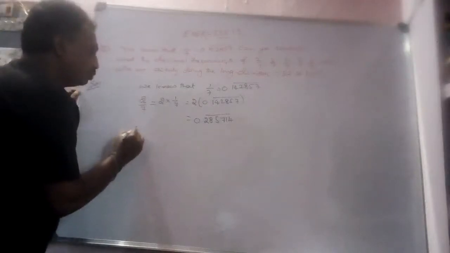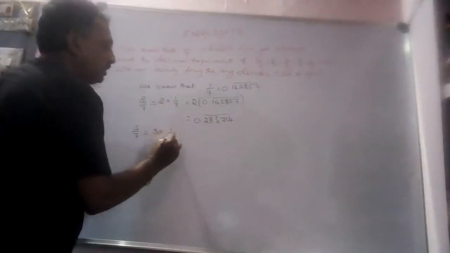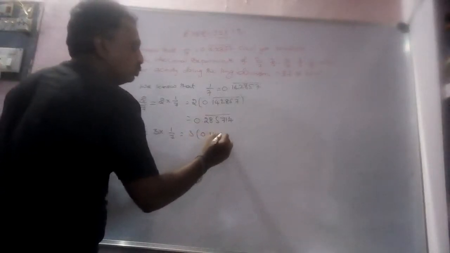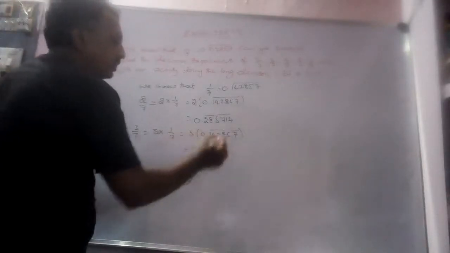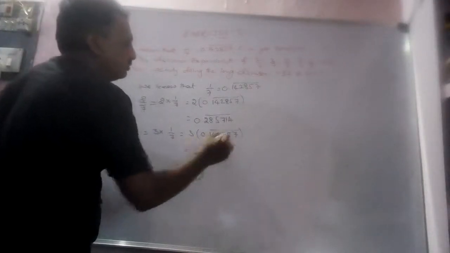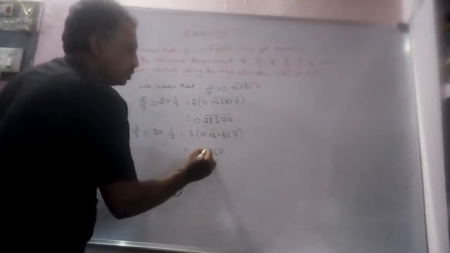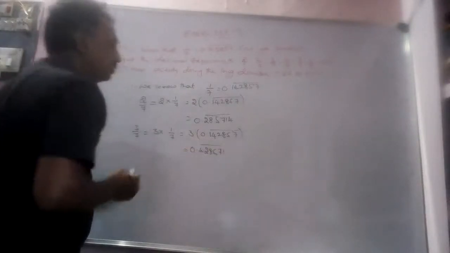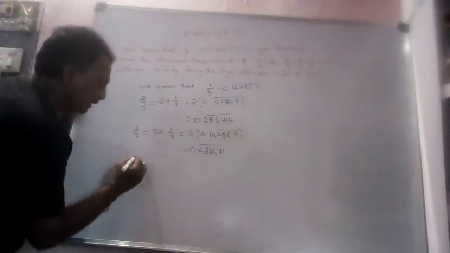Now 3 by 7 is 3 into 1 by 7, which is 3 into 0.142857 bar. Multiplying, we get 0.428571 bar.